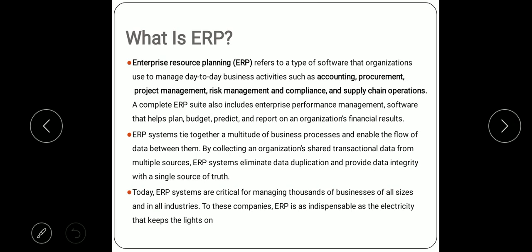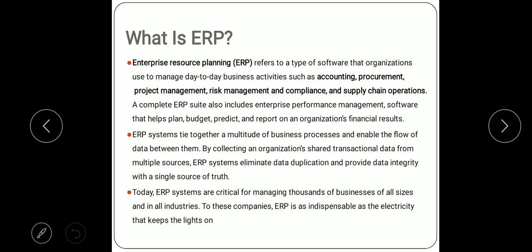Now, if I ask the question, what is ERP, we'll get several points. Like ERP is the enterprise resource planning. It refers to a type of software that organizations use to manage day-to-day business activities such as accounting, procurement, project management, risk management, and compliance and supply chain operations.